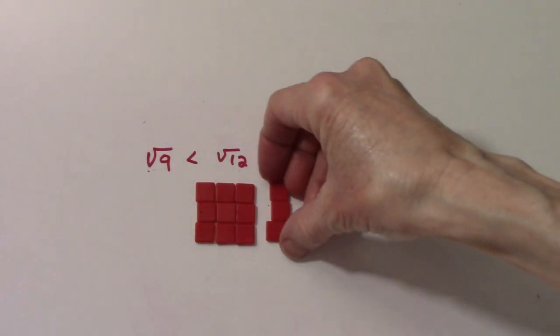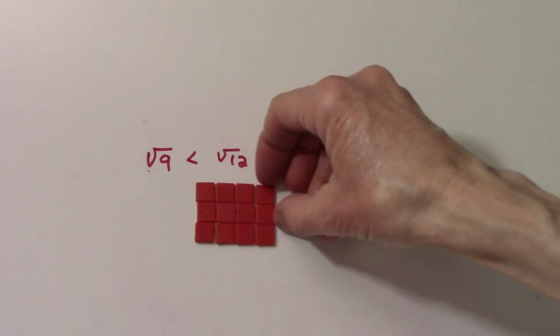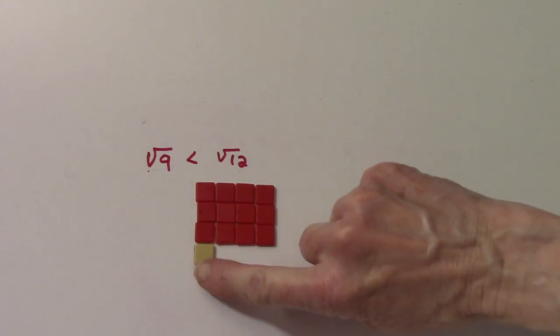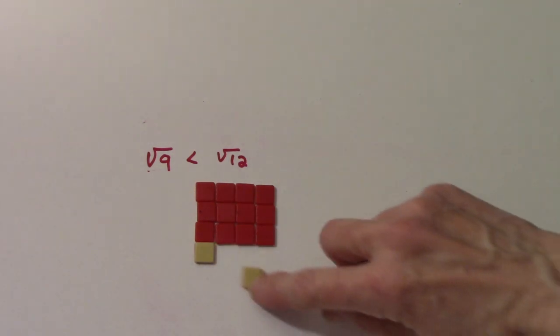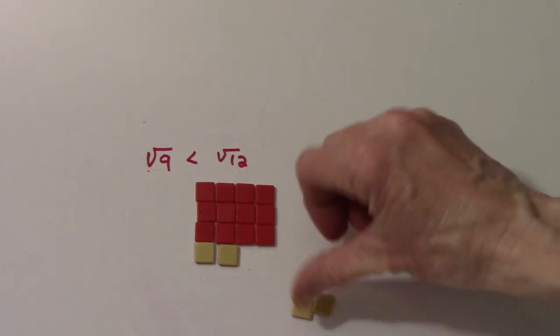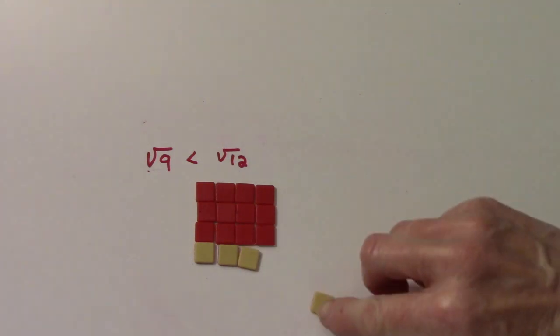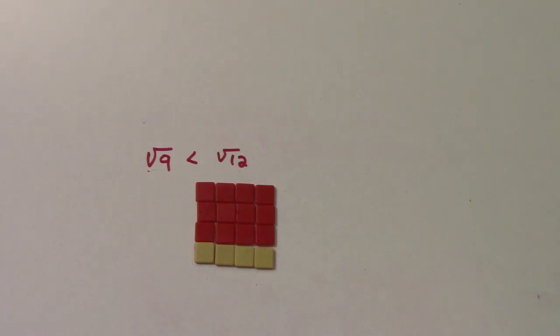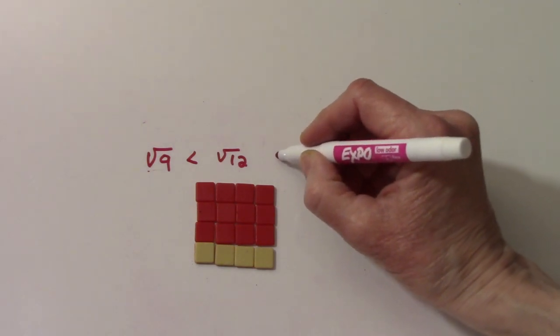But I still don't have a perfect square, so what I'm going to do is, that's 12, and if I add some tiles, I'm going to make a perfect square that's larger than 12. And when I add more tiles, I get 16. Using 16 tiles, I will have a perfect square.